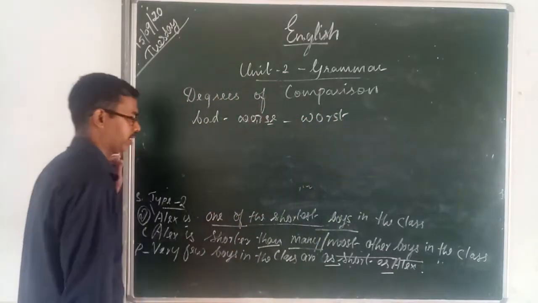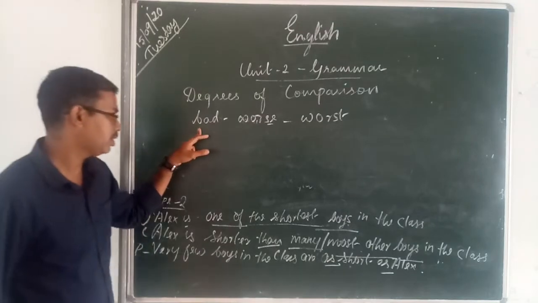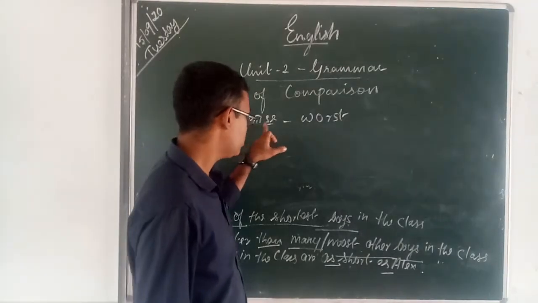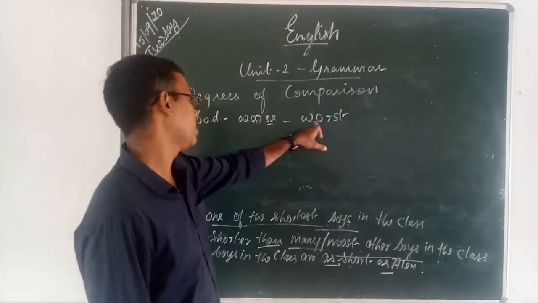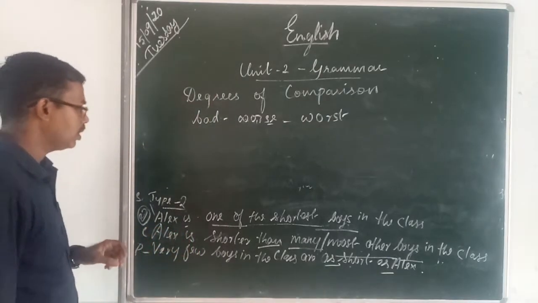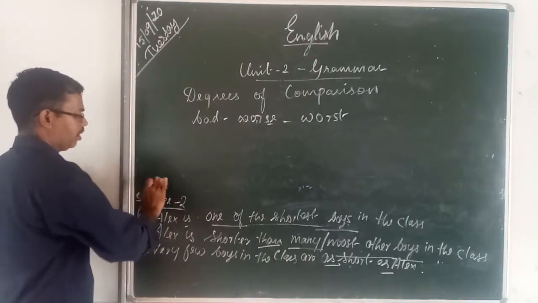Bad, worse, worst. Bad is positive, worse is comparative, worst is superlative. Then take one example.